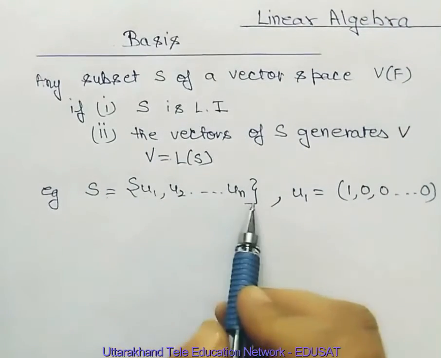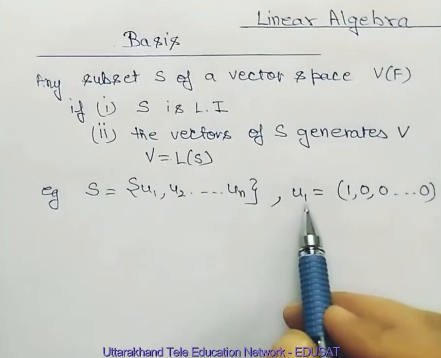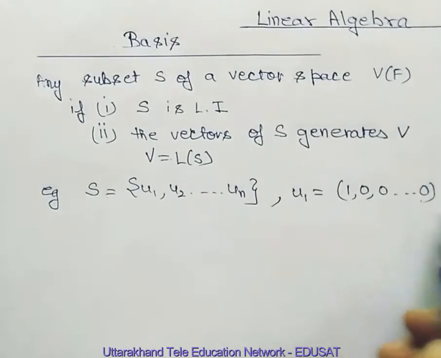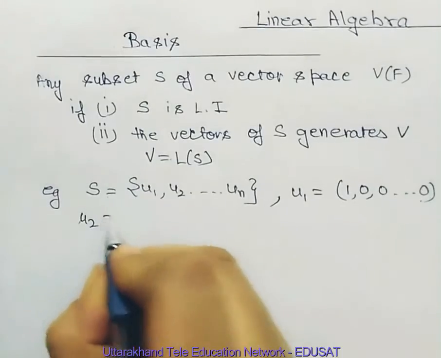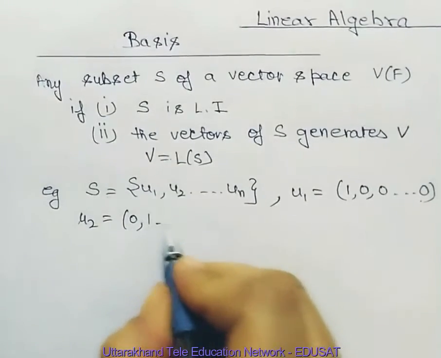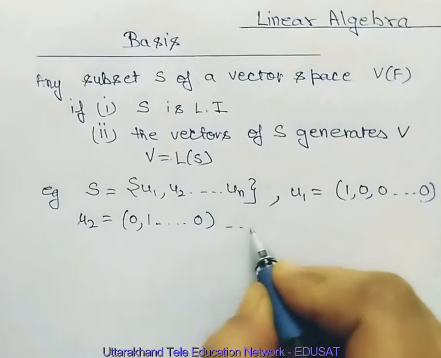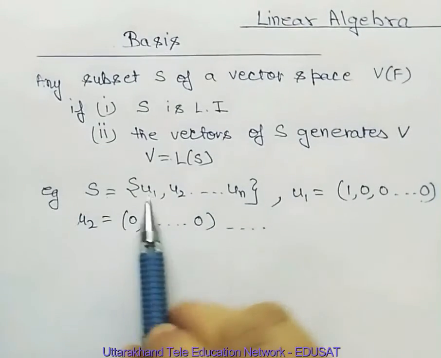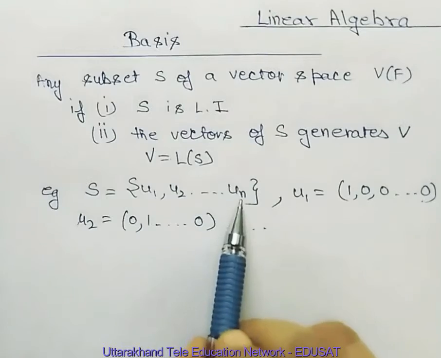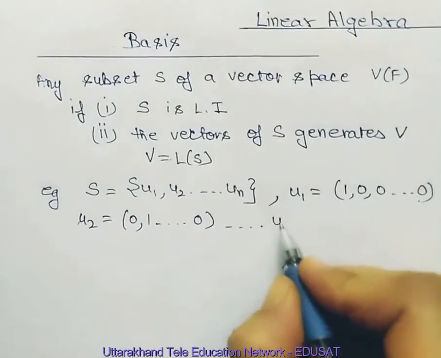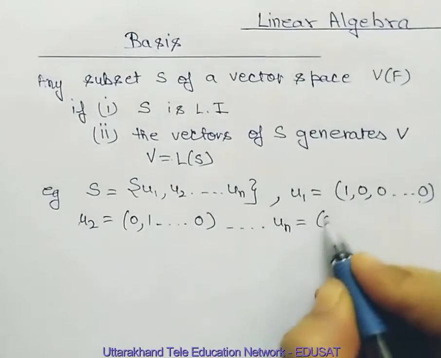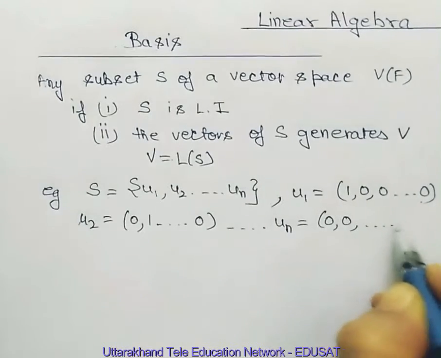As the set has n elements, we take vector U1 with n elements like this. Let us suppose U2 is (0, 1, 0, 0, ...) with n elements, and similarly we will have all other elements of this set S, and finally we will have UN equals (0, 0, and so on, 1).